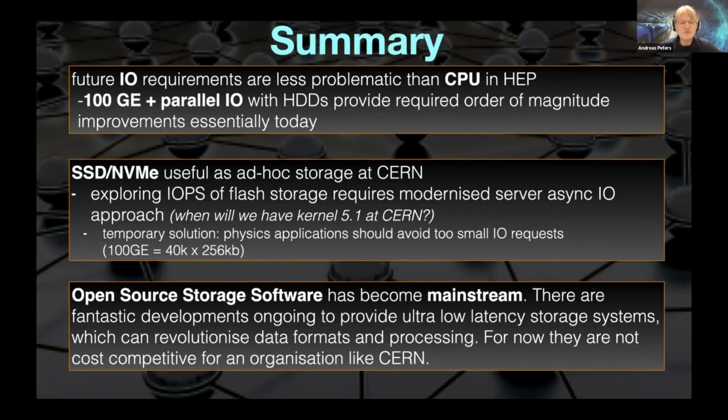So now if you look a bit over the edge of what we do, you see that open source storage software is quite mainstream. All these big players provide it for free, because that is a way to get your hardware sold, to use them efficiently.